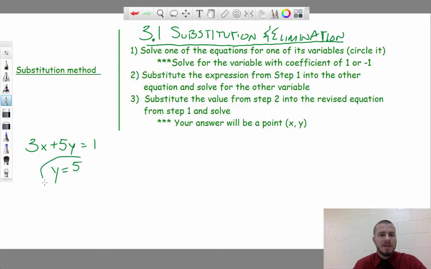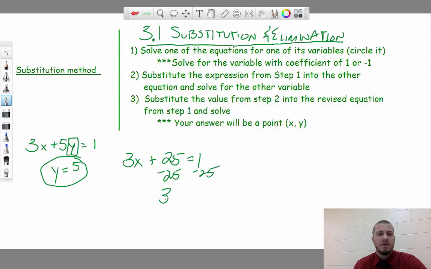So since you know what y is equal to, you can substitute it in for y here. 3x plus 5 times 5 is 25 is equal to 1. And now you only have one variable left, so now you can solve for that. Subtract 25. 3x is equal to negative 24.